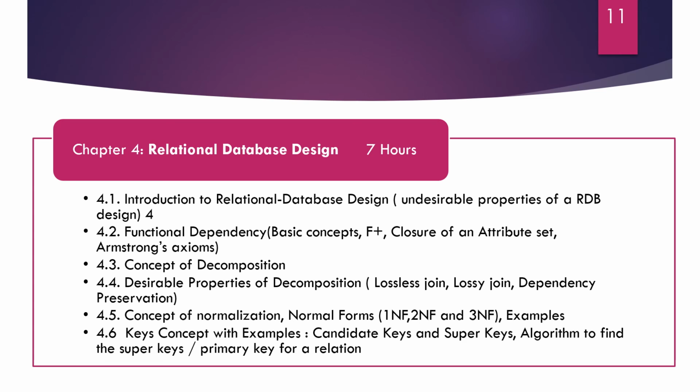In order to design the schema, we first study the notion of functional dependencies and then define normal forms such as first normal form, second normal form, third normal form, etc. in terms of functional dependencies with examples, and then types of keys in RDBMS to handle the database.